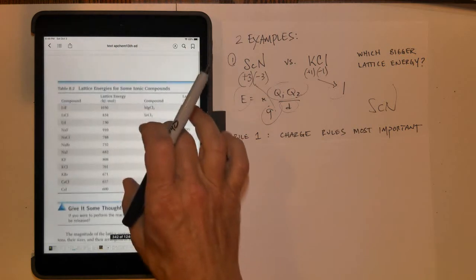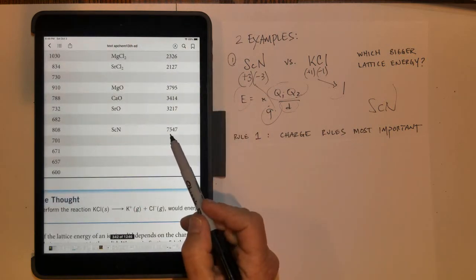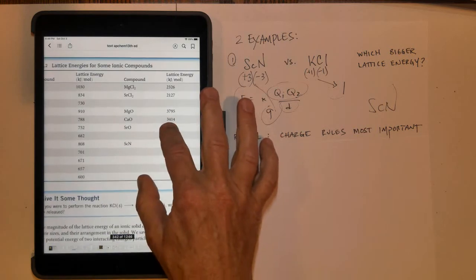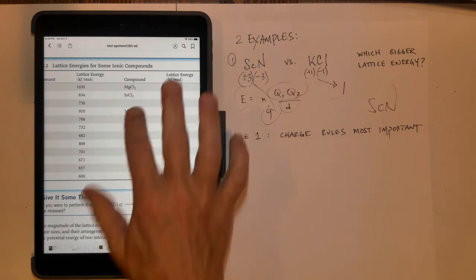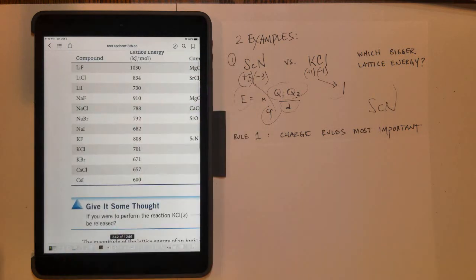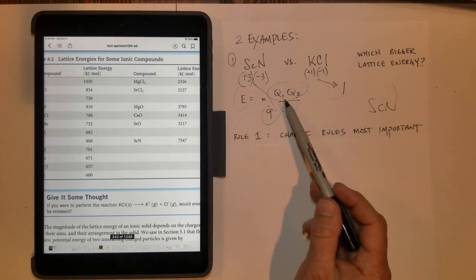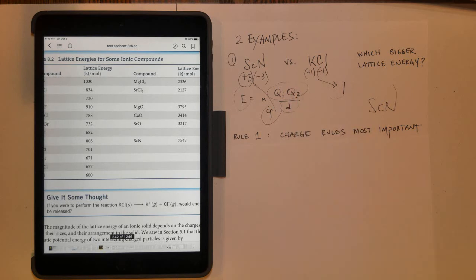And if you look at the lattice energy for some compounds in our book, here's scandium nitride at 7,500 or so in kilojoules per mole, versus something like potassium chloride, which is right here as 701. So almost 10 times as much, because it has that positive 3 and negative 3 right here.